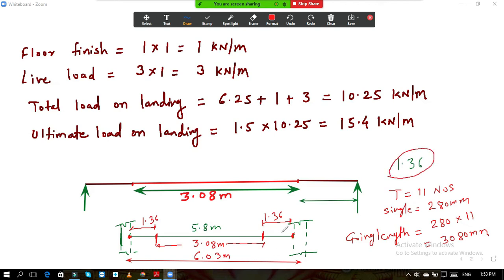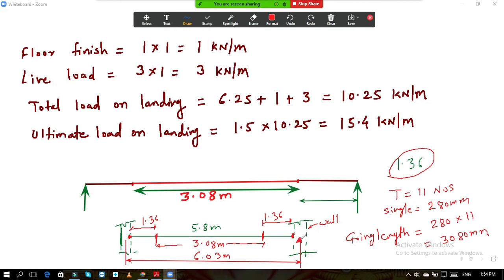Okay, 1.36. But now if you see carefully, here the support is provided. This is nothing but your wall. This is the support. So you will get the reaction from the center of this wall. We will always consider the center of this wall.